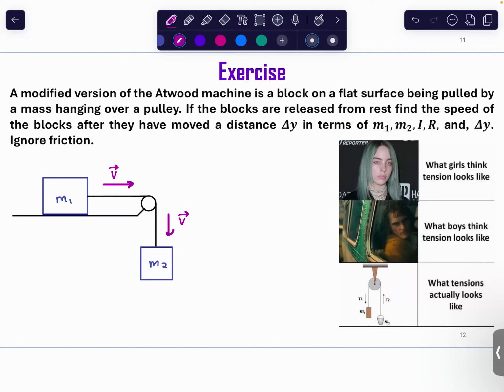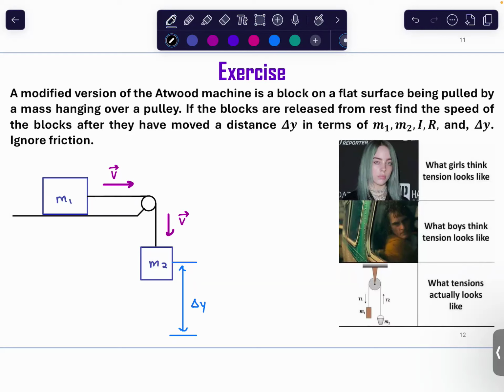It's going to then move through a distance delta y.